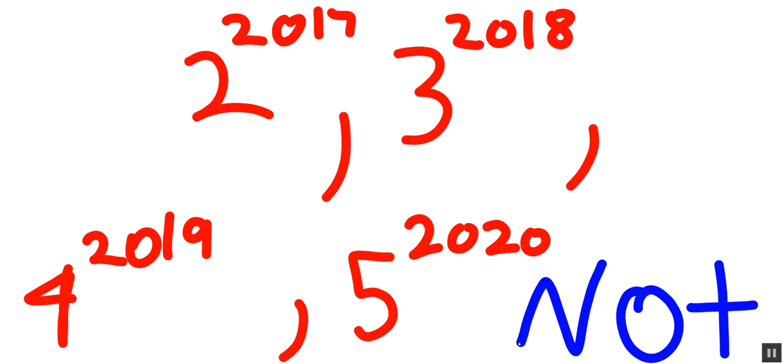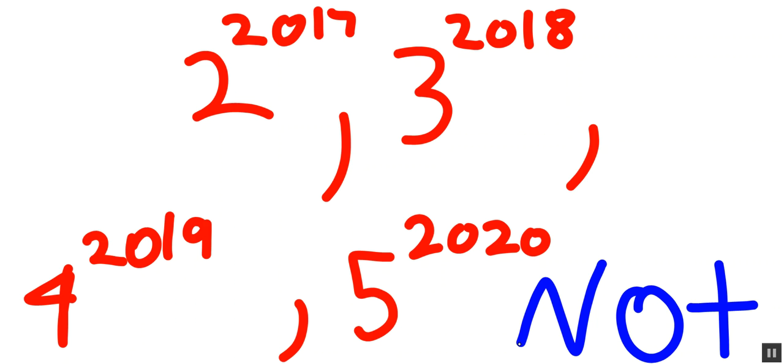Well, I can use some of my knowledge and say that any number, odd or even, to the power of an even exponent is always going to be a perfect square. Why? Because we can write an even exponent as 2 times some number.